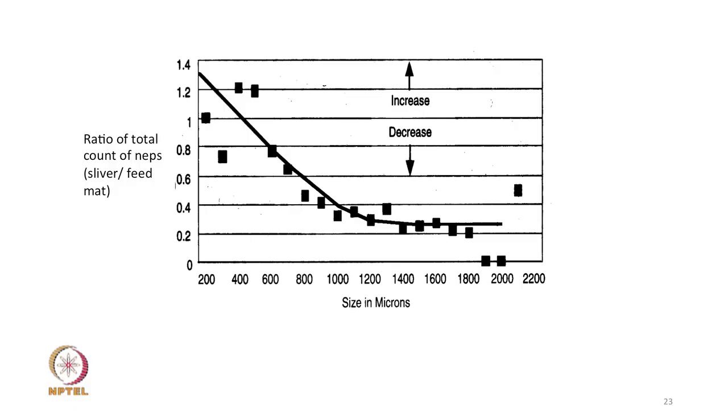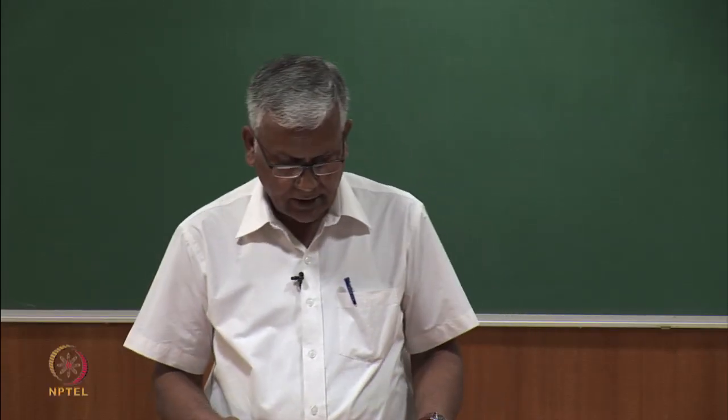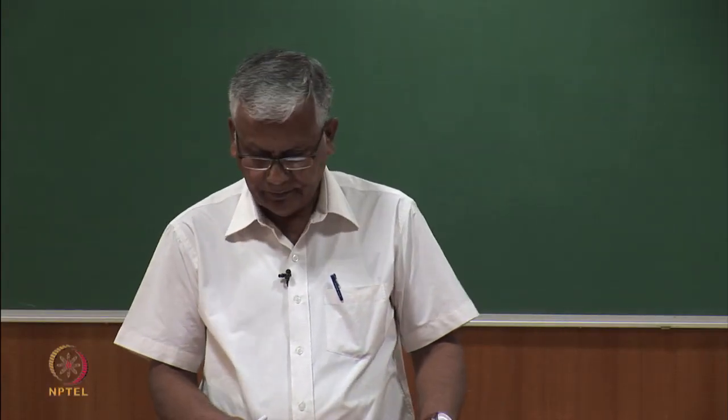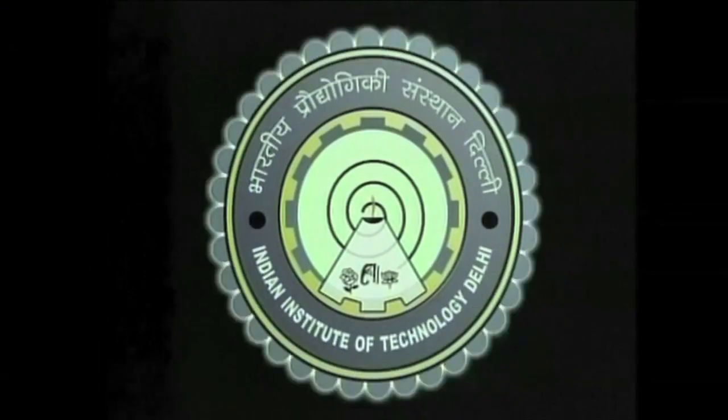So, their numbers, though reduced, small size naps increase in number because these bigger ones get split into smaller ones, and hence we may find a net increase in the number of small size naps. So, that is the reason why we find an increase in naps in this region, whereas we find a decrease in naps in this region. With that, we close today's discussion, and thanks.